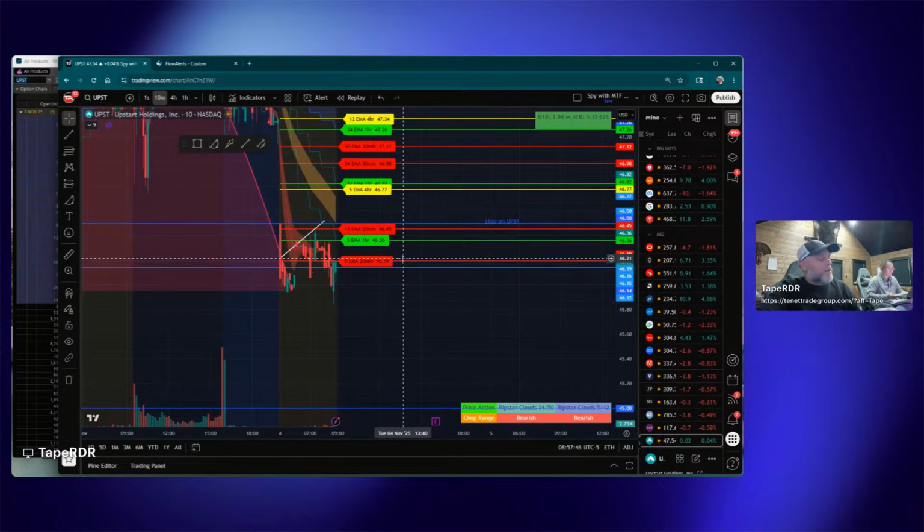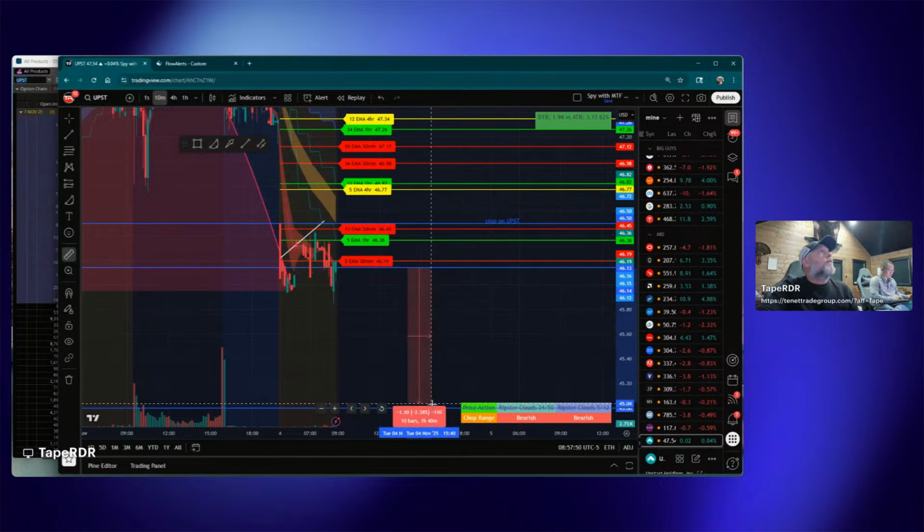And that's going to give us a 4 to 1. $1.20 versus a 30-cent stop. This one, it's okay. I don't like the fact that it's less than $1.50.